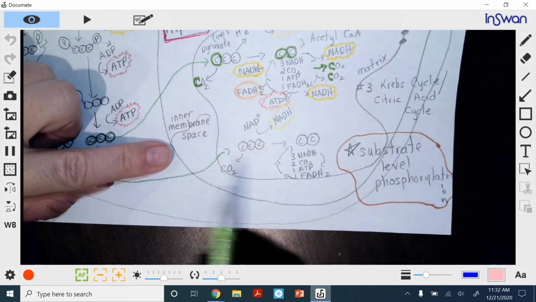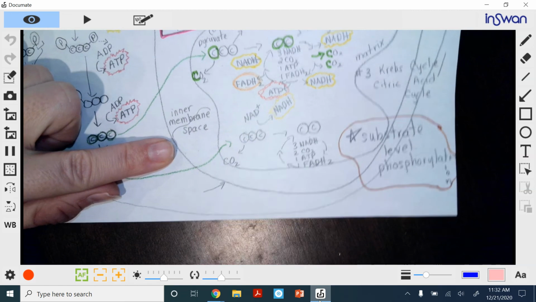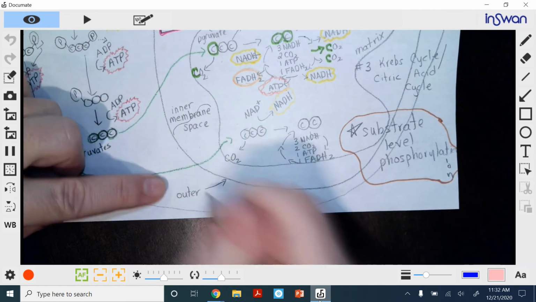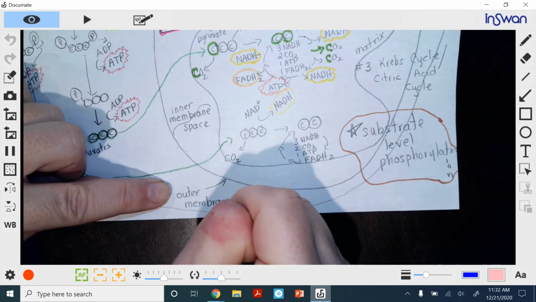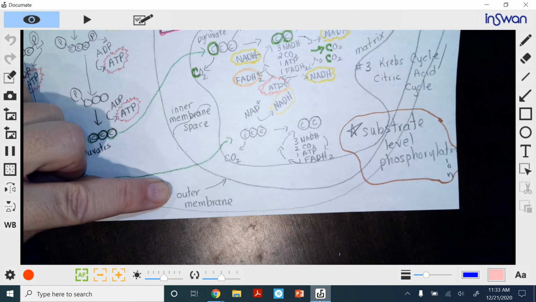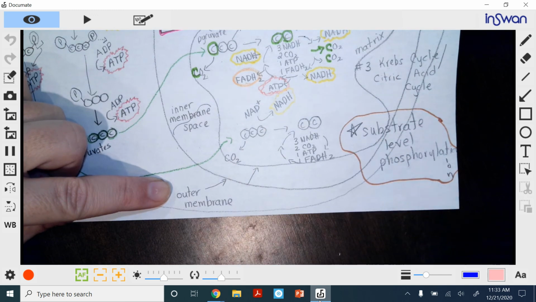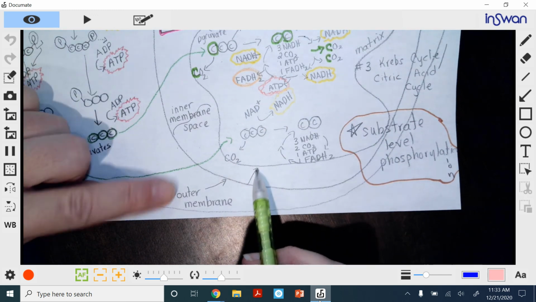And the inner membrane space is going to be the space between these two membranes. And just make sure you understand what we mean that this is the outer. Remember, the mitochondria has two membranes. This is the outer membrane of the mitochondria. And then aptly named, guess what this one's called? This one's the outer.